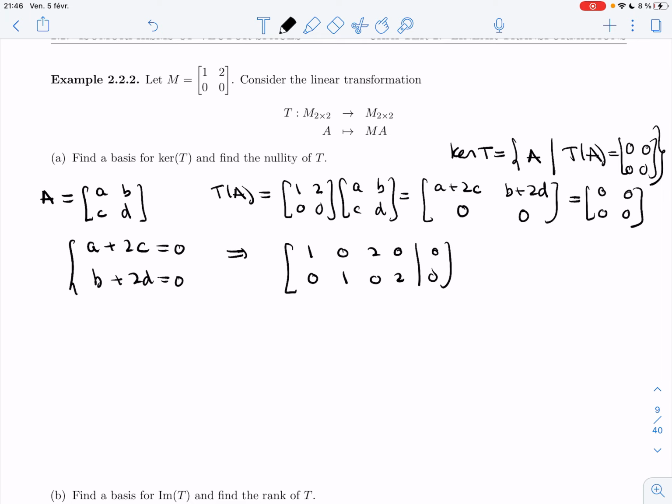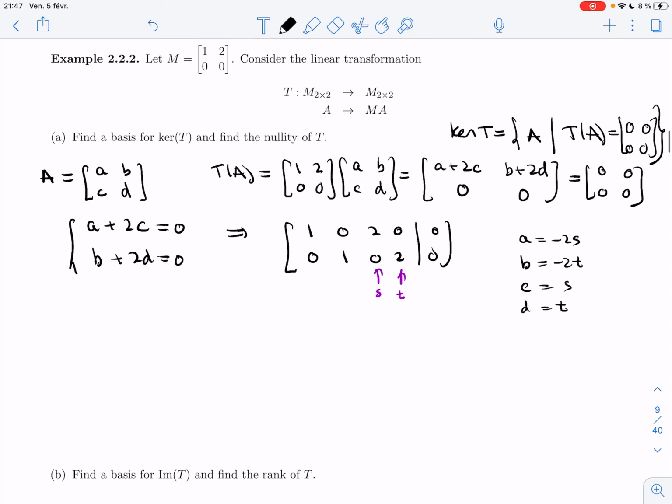All right, so I get something like this. I have two free variables, so I'm going to get two generators. And so I get a is minus 2s, b is minus 2t, c is s, and d is t. If I have to write my matrix, I'll get [minus 2s, minus 2t; s, t].